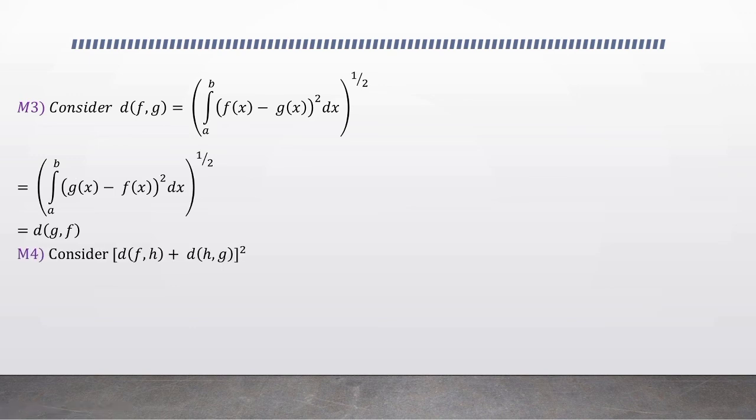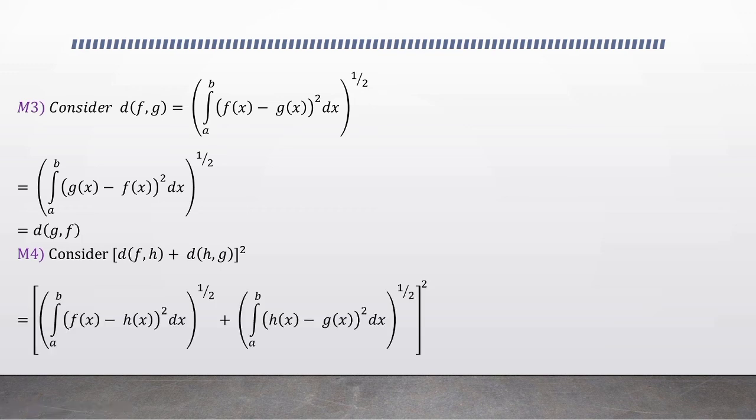Now next we have to prove the triangle inequality. For that, consider (d of f, h plus d of h, g) bracket square. Now if we take the square of this, we get the value of d of f, h substituted here, and the value of d of h, g is here. So we are taking the square of this.